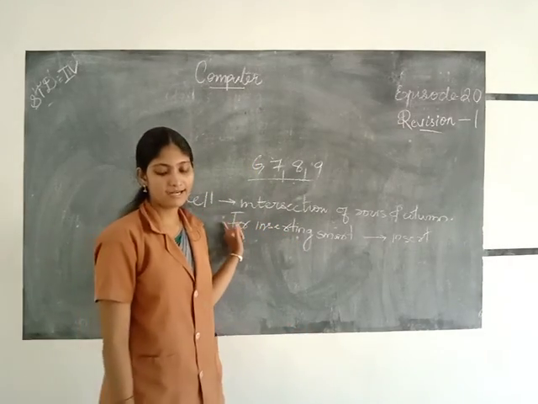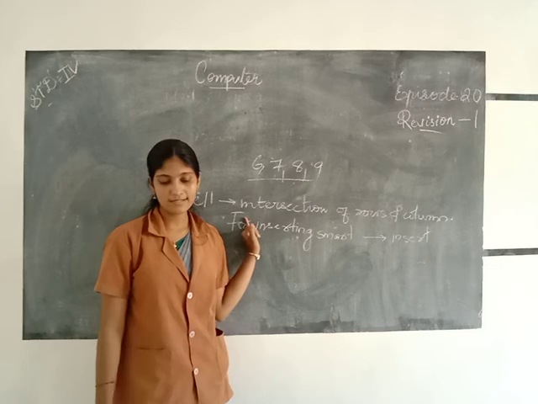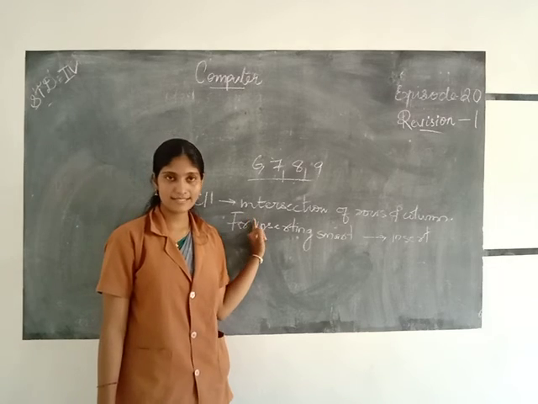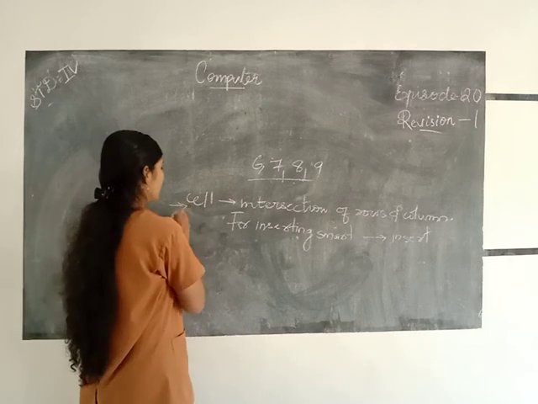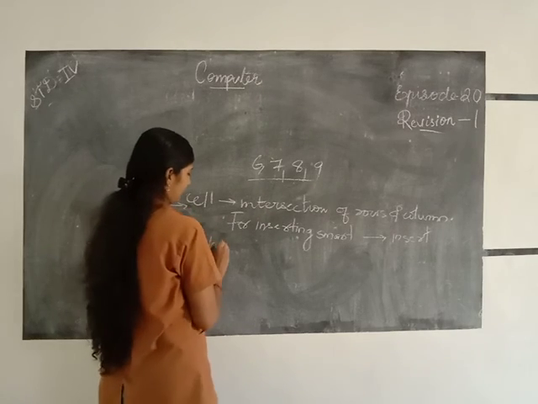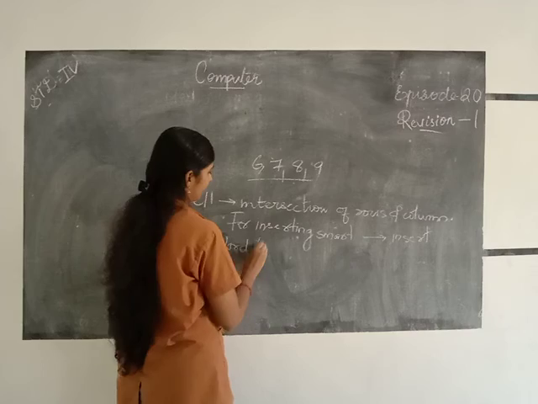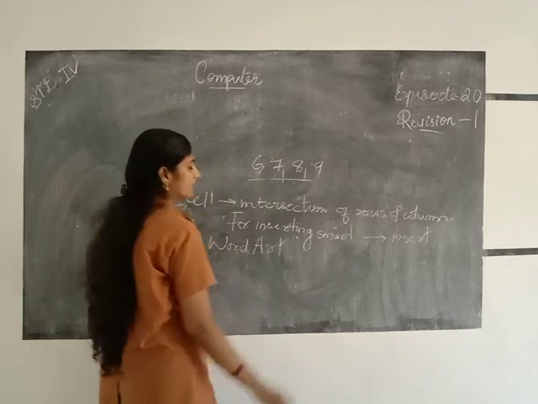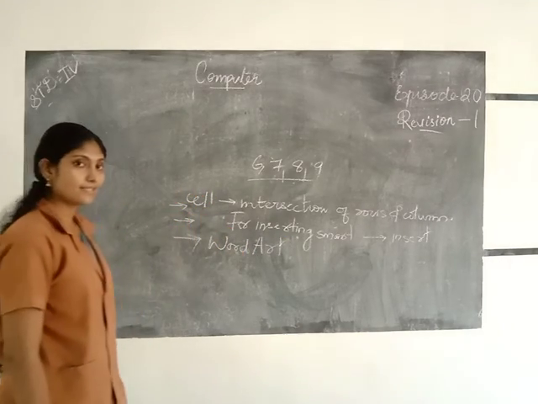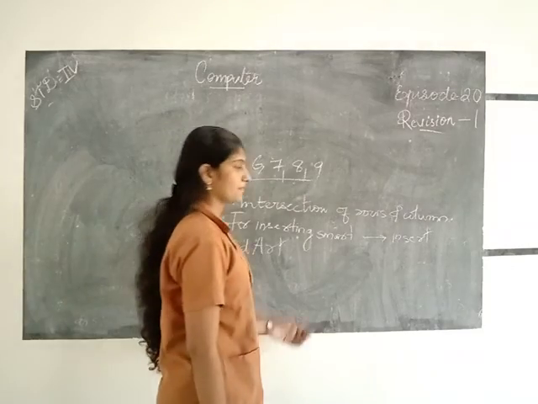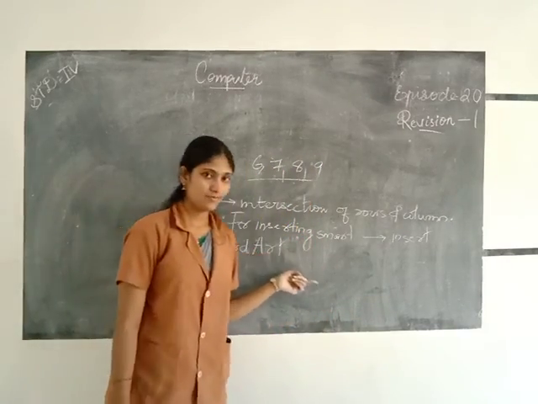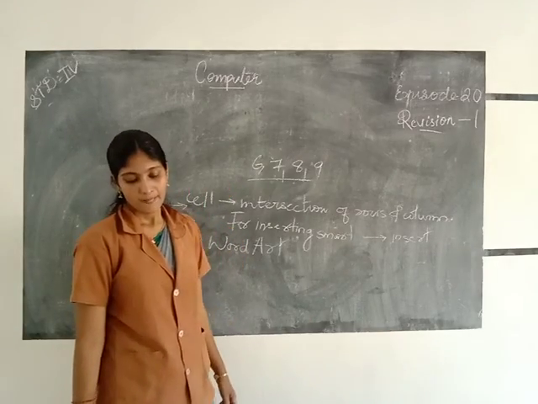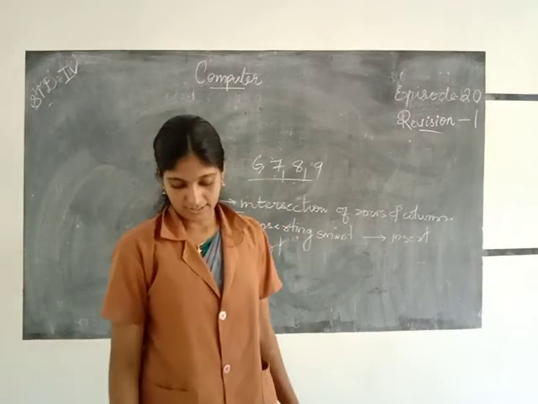Then what is word art? Word art is the text with special effects applied to it. So next point, what is word art? Word art is the text with the special effects applied to it.